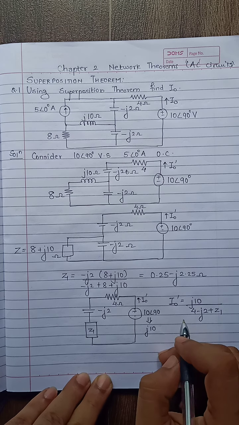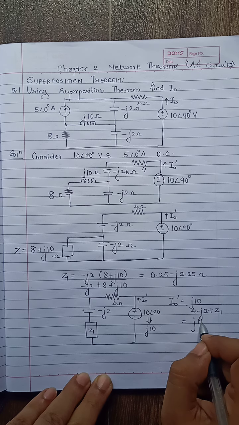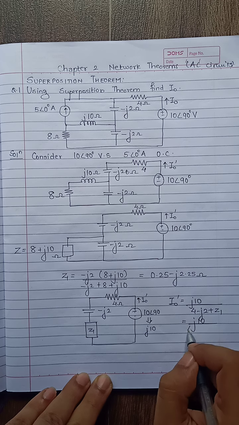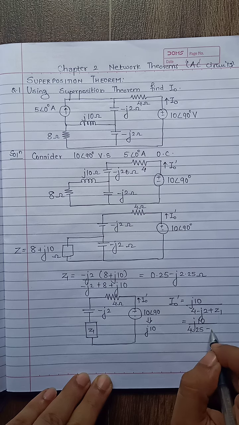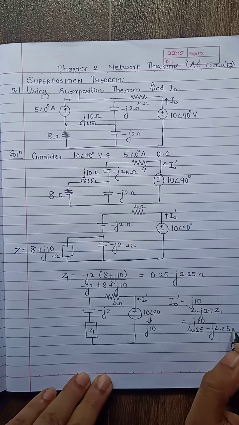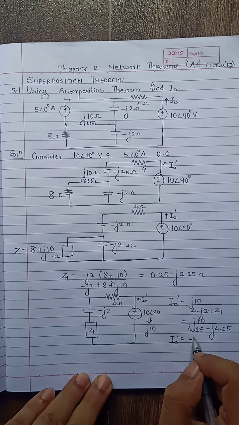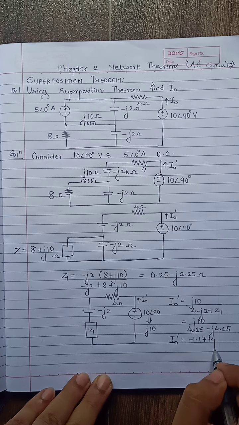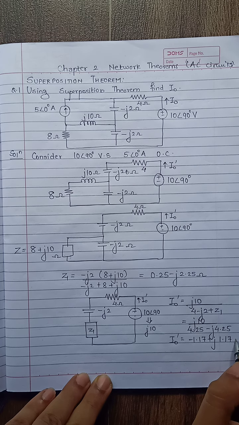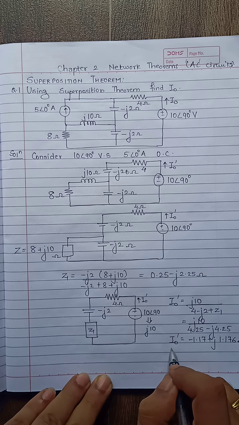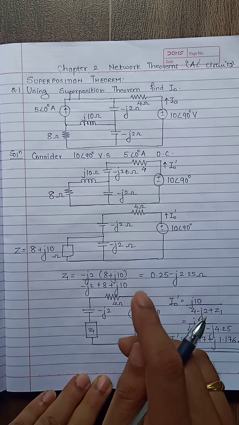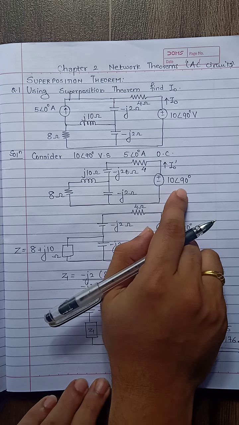So after substituting, you should get J10 upon 4.25 minus J4.25. So your I0 dash will become minus 1.176 plus J1.176 amperes. So this is the value of I0 dash, considering 10 at an angle 90.